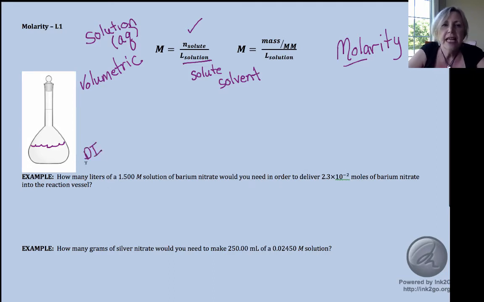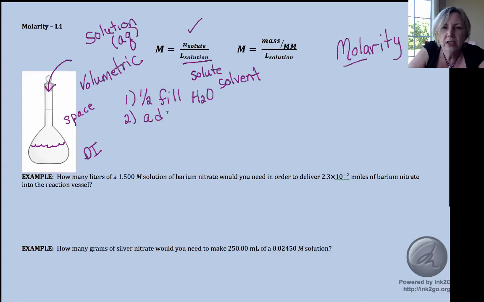Then I would add my solute to that, whether that solute's added via a pipette, a graduated cylinder, or the mass of a solute. So one, you're going to half fill with water, or even a quarter or a third, just a portion filled with water. What that does is it leaves you space so you can stir and mix effectively.